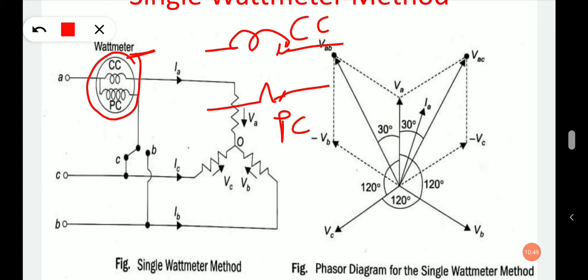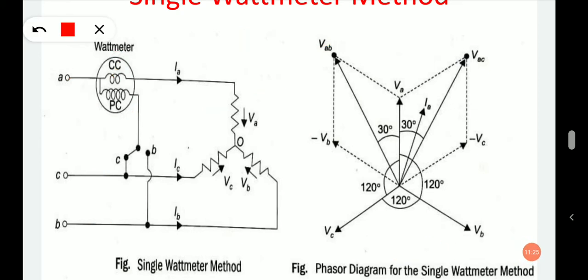So here the current coil is connected in any one of the lines. We can connect the current coil of the wattmeter in any one phase. Here we can see that the current coil is connected in phase A. Either we can connect in this C phase or B phase.